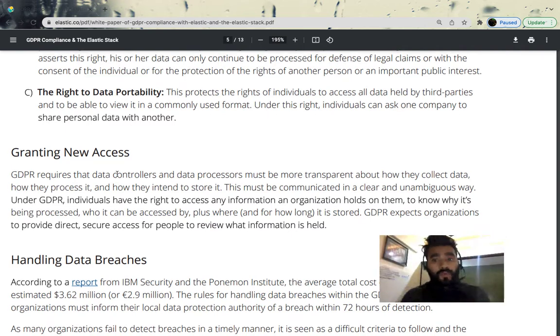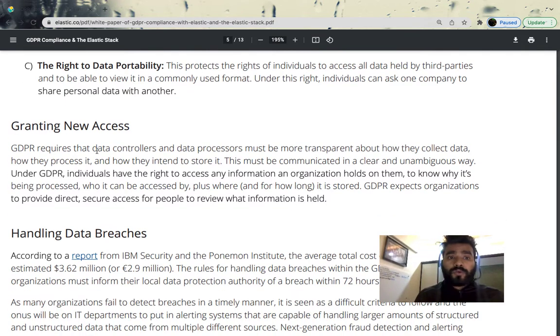Now, GDPR requires the data controller and data processor to be more transparent about how they collect and process data. That's why application owners are now very finicky about what they access. If they are accessing your contacts, they give you a legitimate reason why.